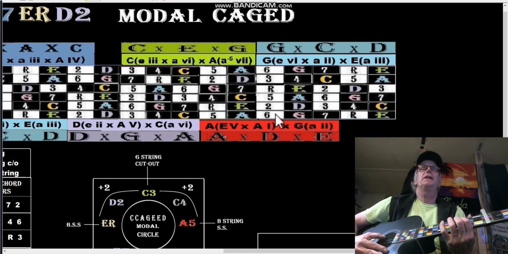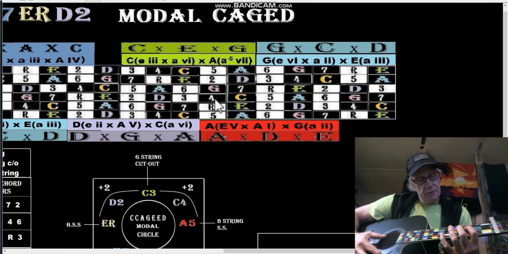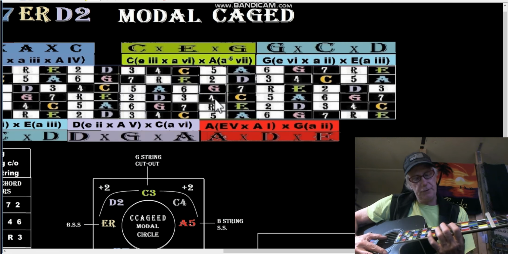and then instead of taking it out of the modal A cage and going into the C cage for a D minor shaped D minor, as we talked about, we're going to do an on string major third.